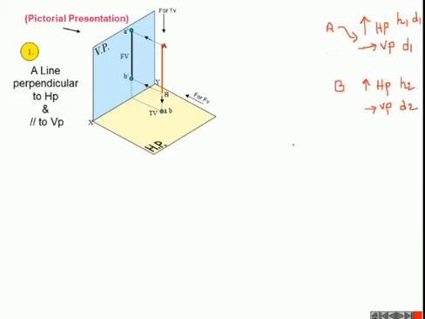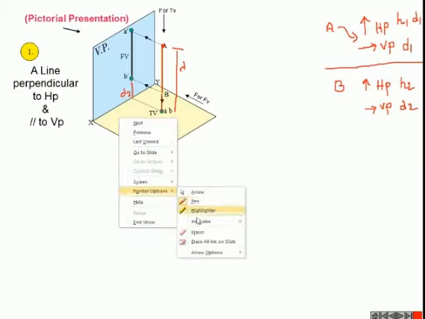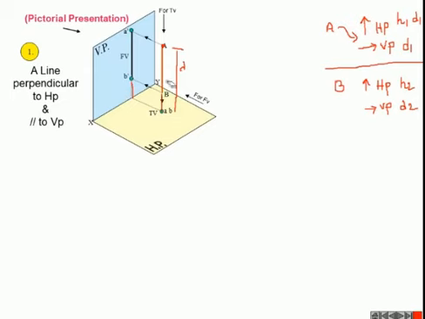So the positions of A and B are given in terms of the above and in-front distances. This distance is known as the above distance. This distance is H2, sorry.